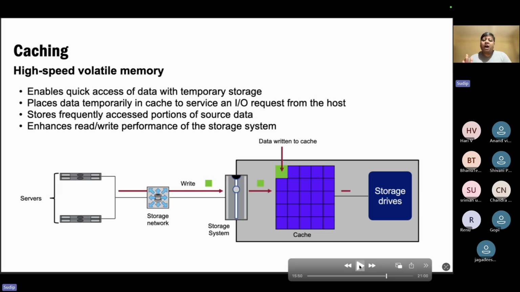And after it gets written to the cache, another algorithm, the backend, will kick in. It will read data from the cache and write to the storage drive like this. And only after it has written to the storage drive, the storage will give an acknowledgement back to the server or the application or the workload that your chunk has been successfully written. Until then, it will not give an acknowledgement.